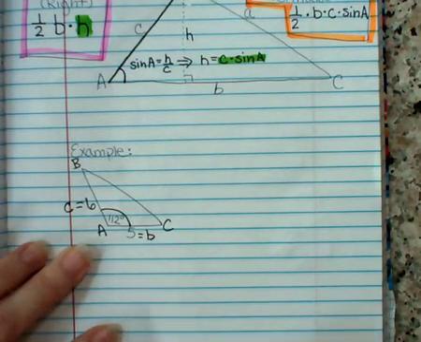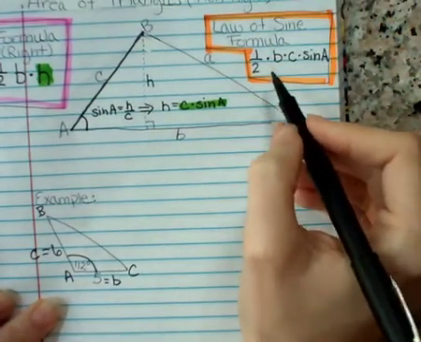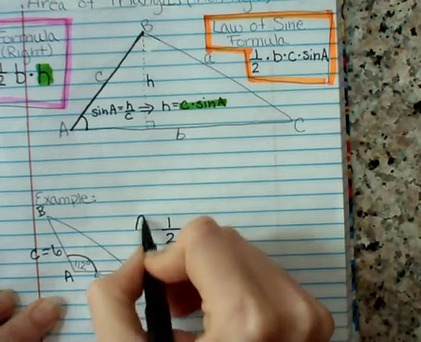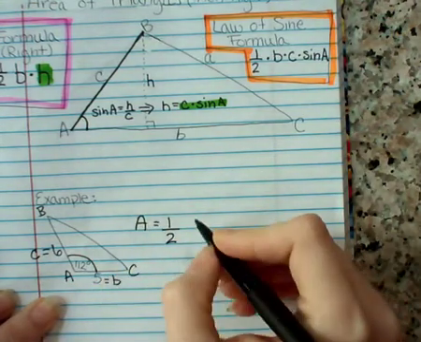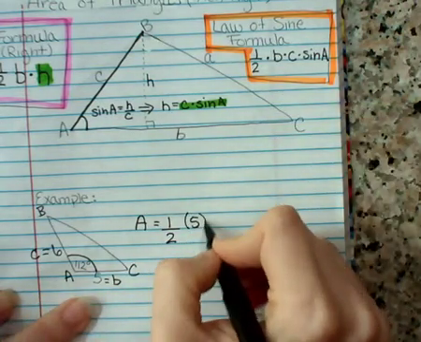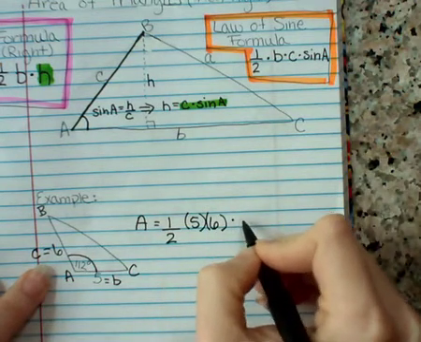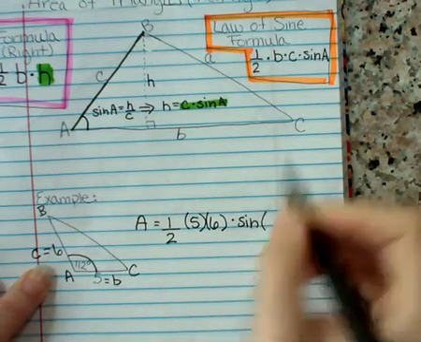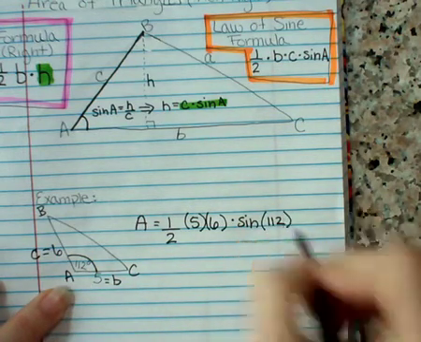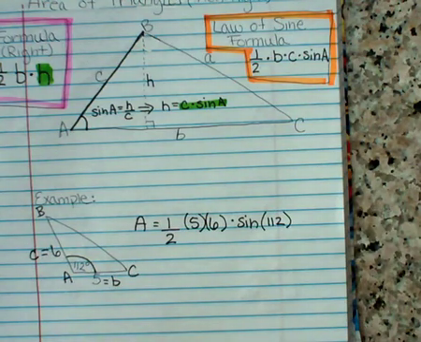All right. So in order to use our law of sine area formula, we need to have 1/2. So our area equals 1/2 b, which is 5, times c, which is 6, times the sine of our angle A, which is 112 degrees. So then we can go ahead and put that into our calculator.